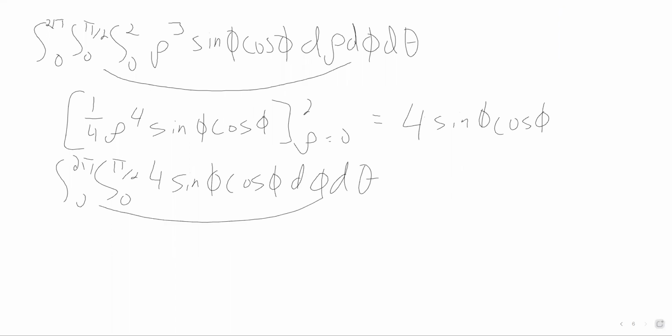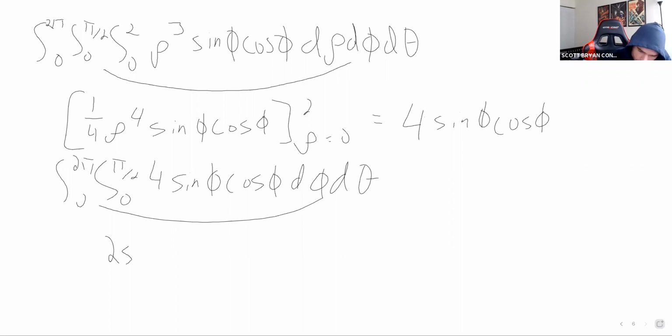So integrating that inner integral. Sine phi cos phi, we can use substitution. Let u be sine phi, and then du is cos phi d phi. So the integral of 4u du becomes 2u squared, which is 2 sine squared phi from phi equals 0 to pi over 2.